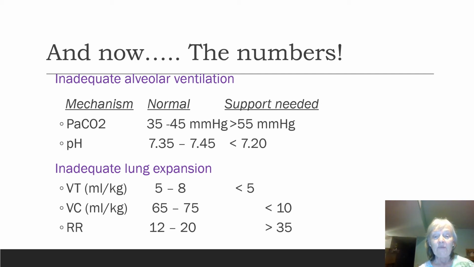His weight is 64.5 kilos. I'm going to multiply by 10. If his vital capacity is less than 645 mLs, he is a candidate for support. Okay? So you have to come all the way down to less than 10 mLs per kilo. And once you do that, he now is a candidate for support.